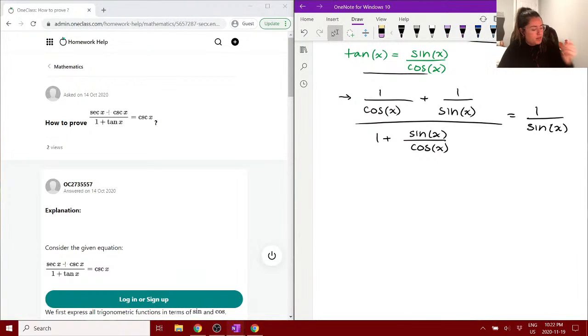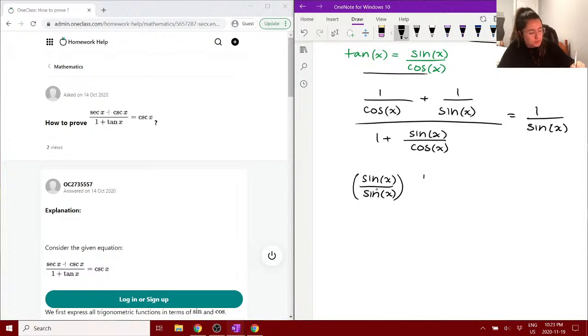Okay, so now that we have this, we can work with our fractions. Working in the numerator first, if we have 2 different denominators, we are going to find a common denominator. So I'm going to multiply our left-hand fraction here by sine of x over sine of x, which is effectively 1.